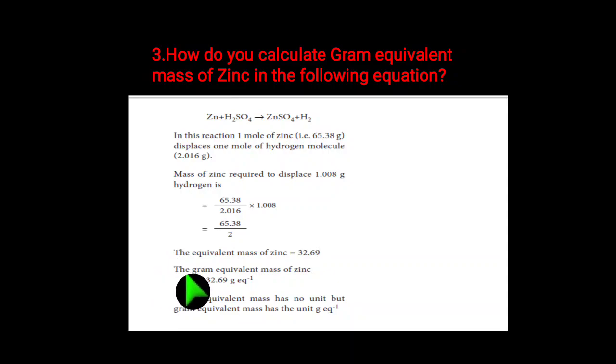If you are going to calculate the gram equivalent mass of zinc, the value should be written with the unit gram per equivalent. So equivalent mass has no unit, but the gram equivalent mass has a unit, gram per equivalent.